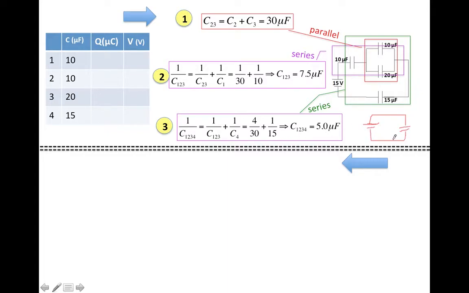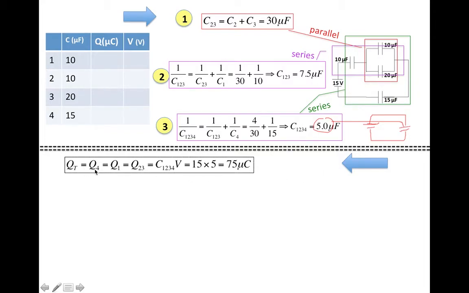And from this circuit, this is 5, and V is equal to 15. From here, I can find the total charge in the circuit, which I found to be simply 15 times 5, which is 75.